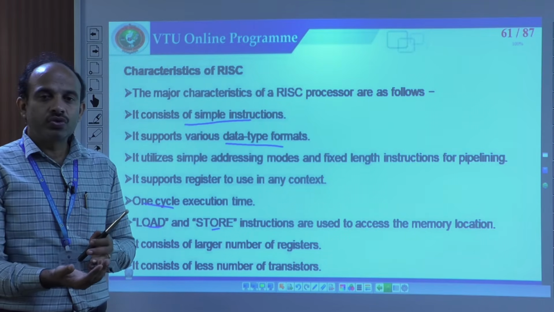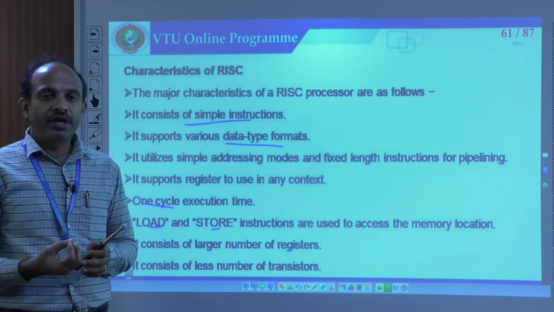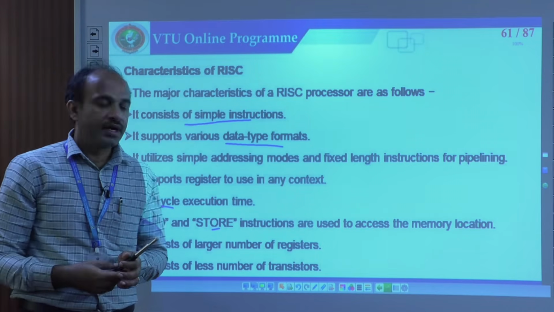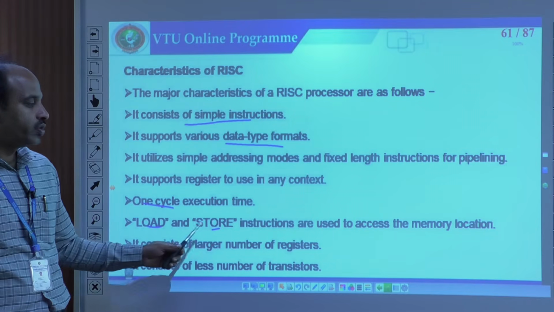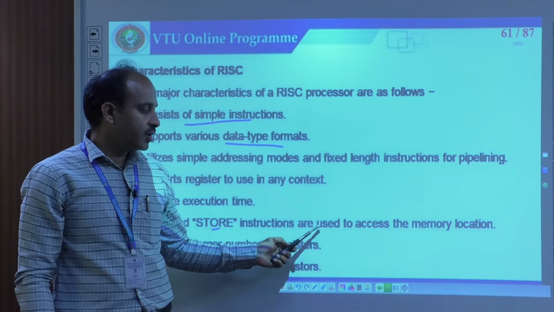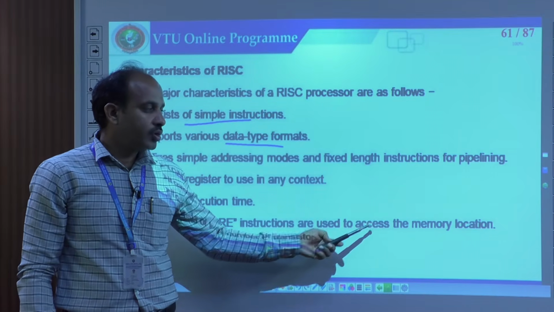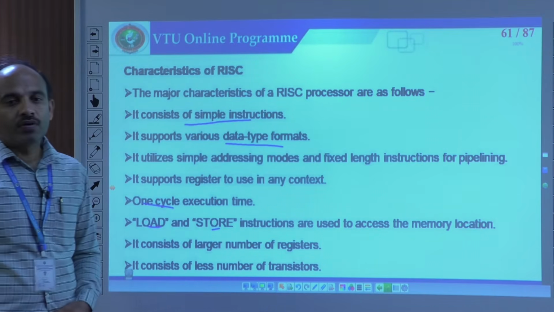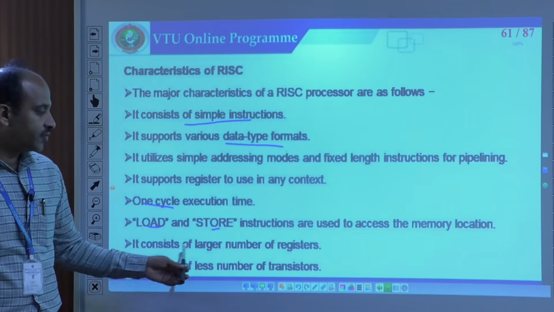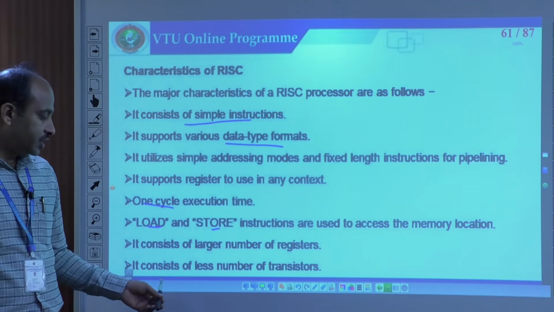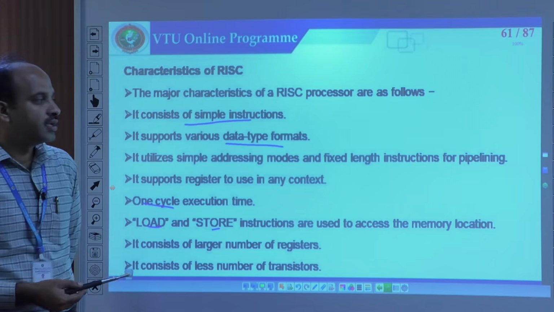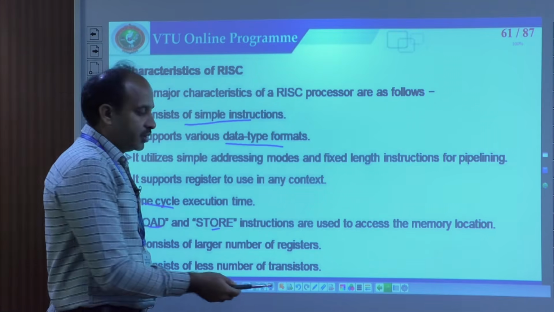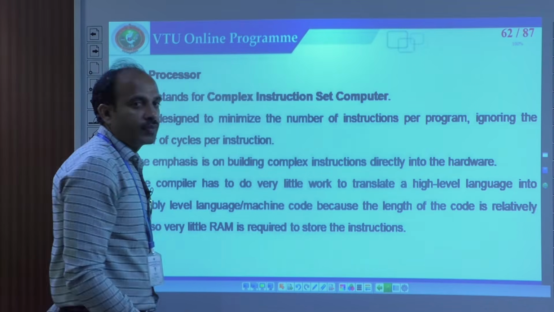For data which is already stored and I want to get it, I load that data. So basically these two important instructions, load and store, are used to access the memory location. And obviously it consists of a large number of registers and a very small number of transistors. These are some simple characteristics with respect to RISC.